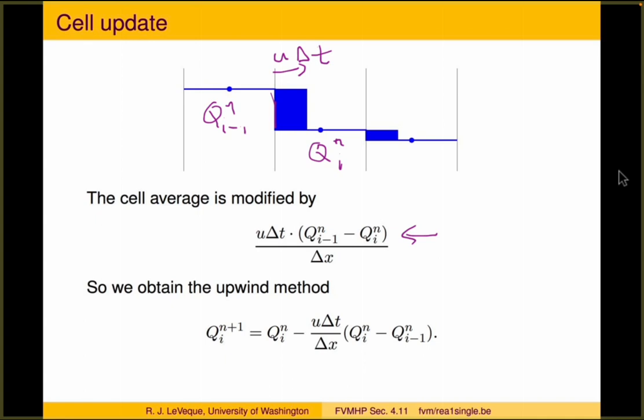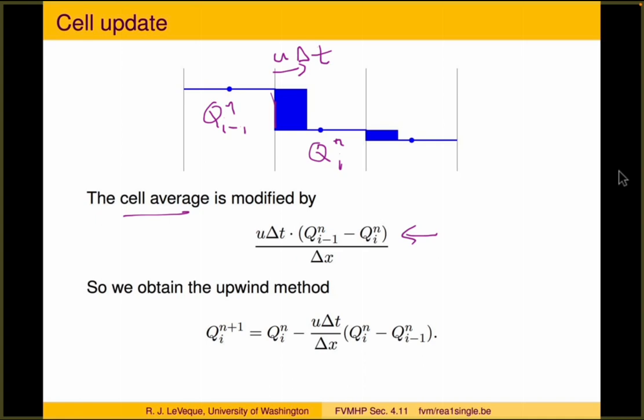And that means that if we compute the new cell average, it's going to add that area to the integral, and then we're dividing by delta x when we compute the cell average. So the cell average is modified by this blue area divided by the length of the cell delta x.